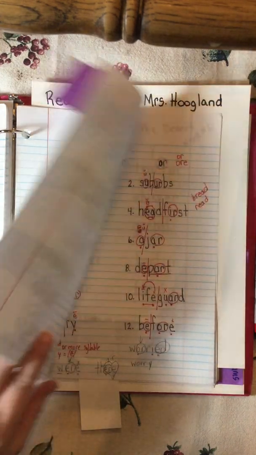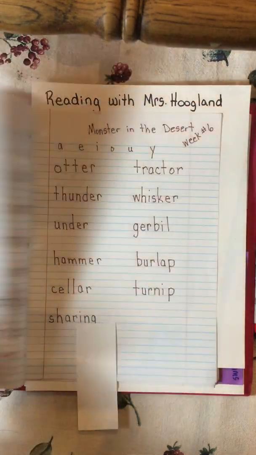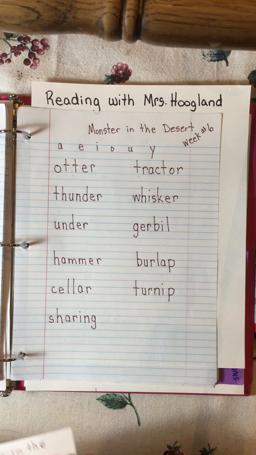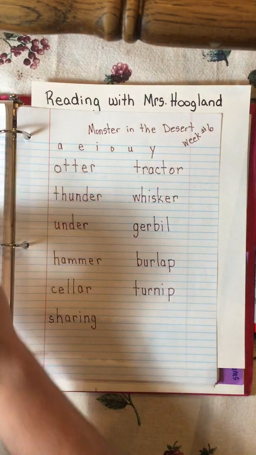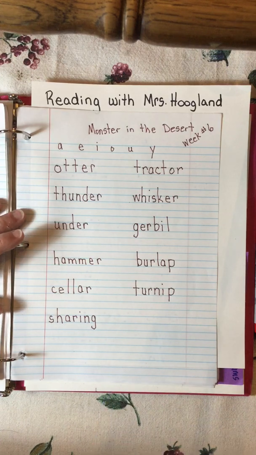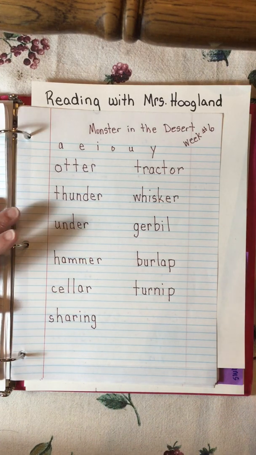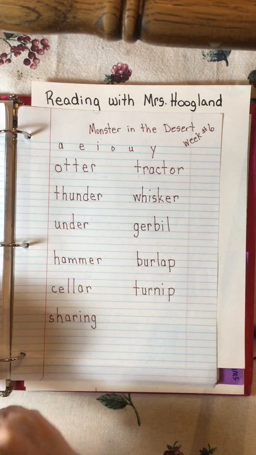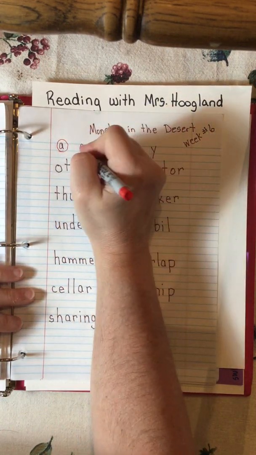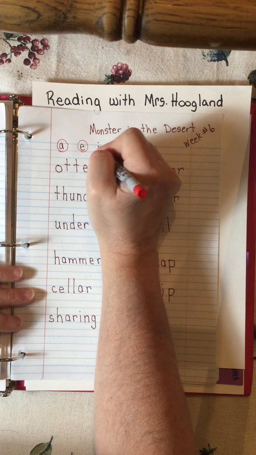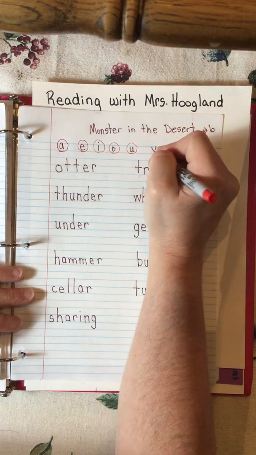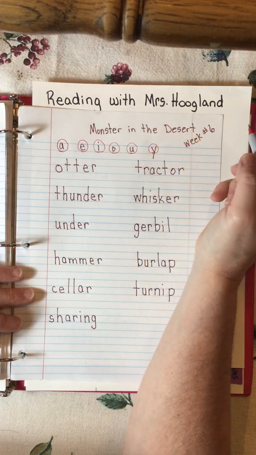All right, friends, here we go. For the sake of time, I have gone ahead and written down the words for this week, and we are going to do a story called Monster in the Desert. The very first thing that you have to know in order to recognize this pattern is you have to be able to recognize the vowels: A, E, I, O, U, and Y if it's not at the beginning.